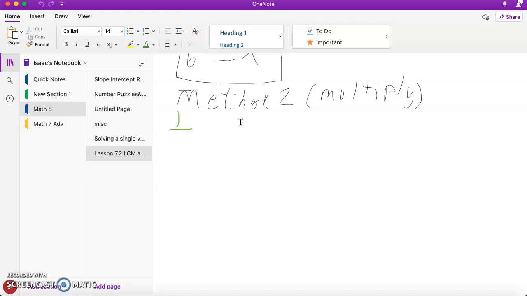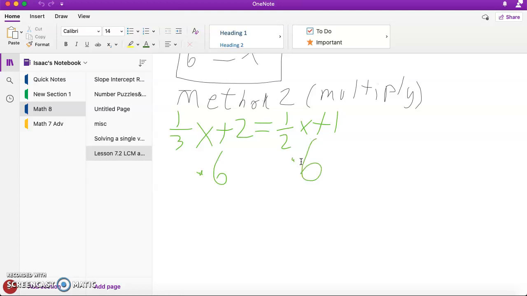So if I've got 1 over 3 x plus 2 equals 1 over 2 x plus 1. Well, if I know that the least common denominator for both 1/3 x and 1/2 x is 6, I can actually start out by multiplying everything times 6.